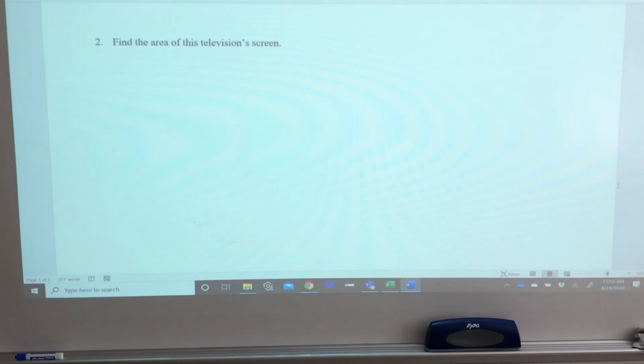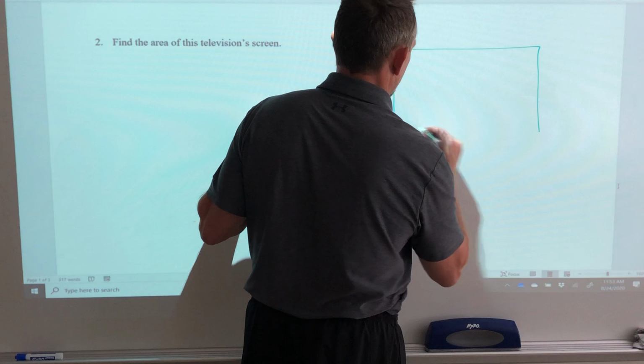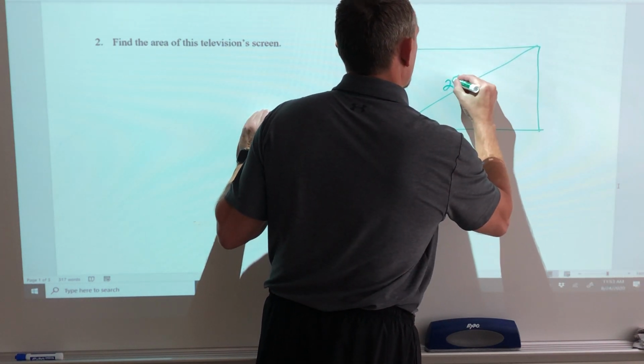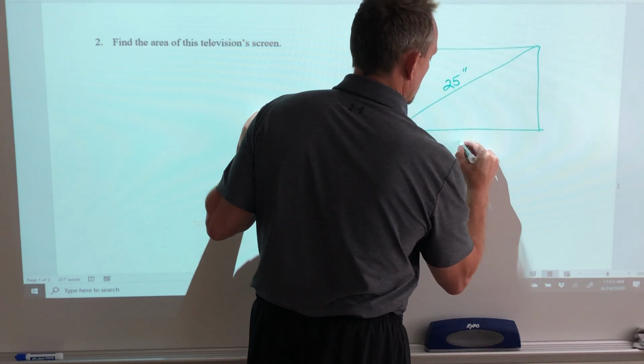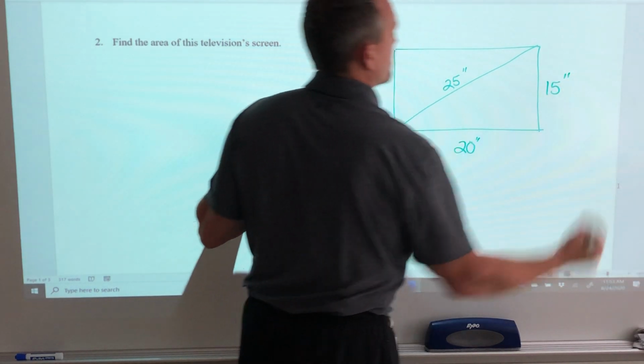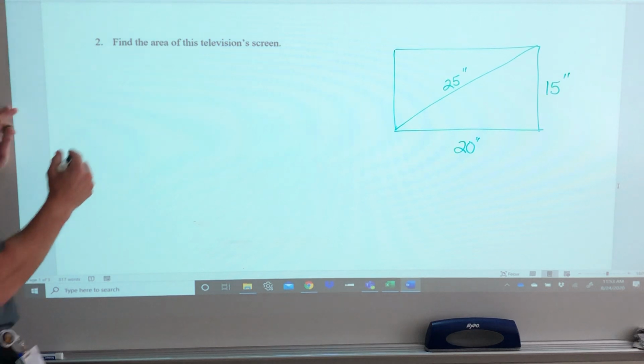Find the area of the screen. Well, we have this TV. That is 20 by 15 and 25 across. It says find the area of a television screen.